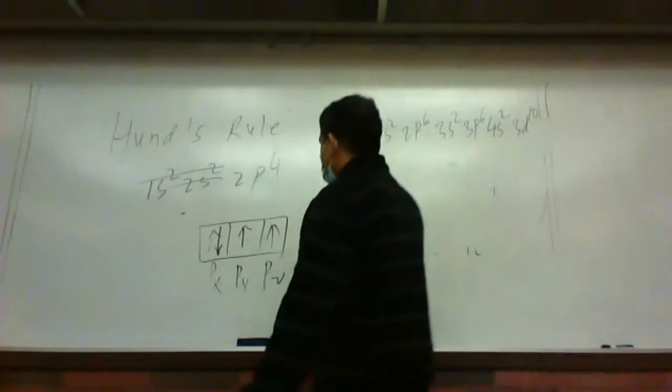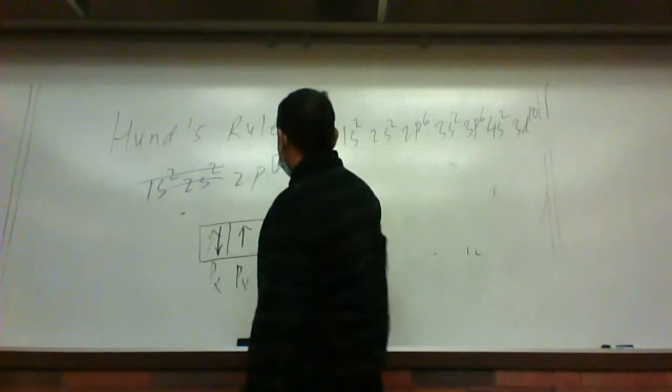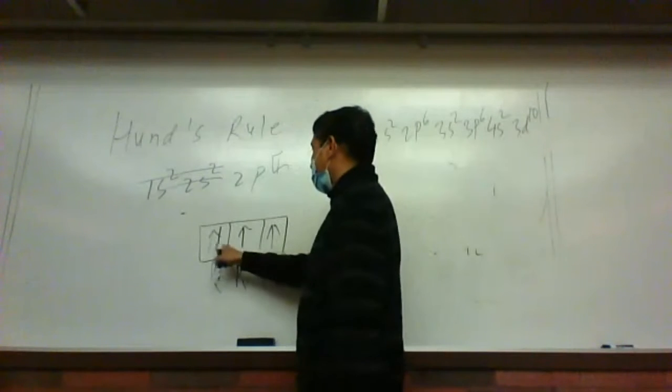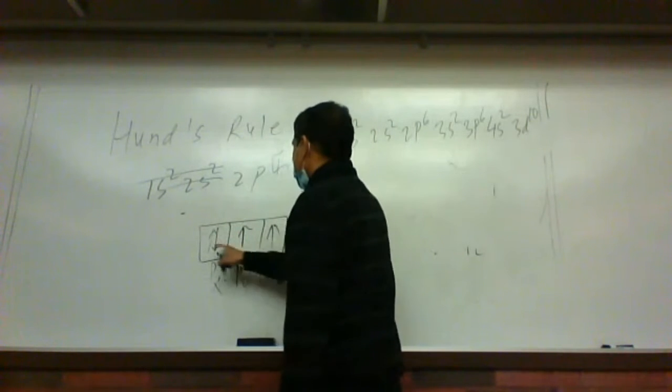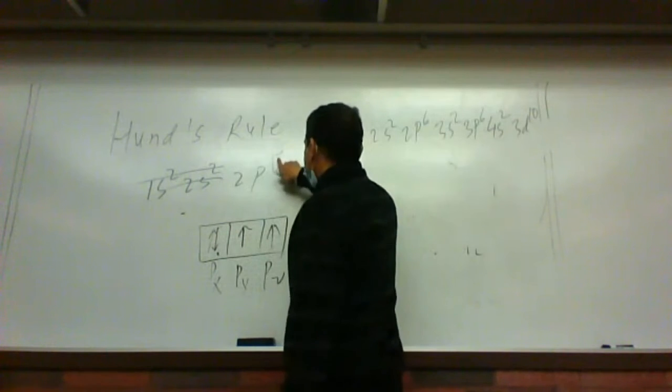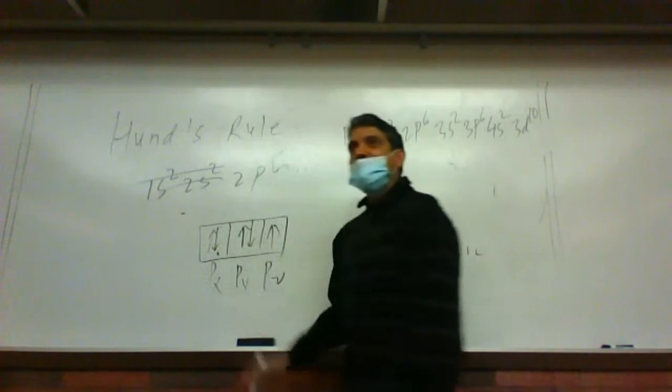Good. Now, let's say I have a P5 here. What should I do? I put 1, 1, 1 first. Then I squeeze another 1 here. 1, 2, 3, 4. But I have 5, so I squeeze 1 here, like this.